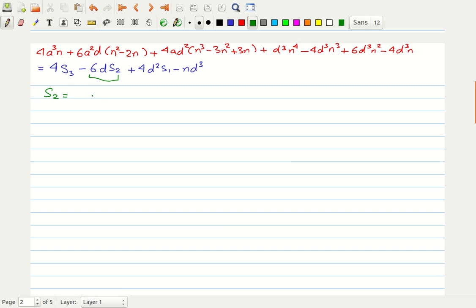S2, the sum of squares of an AP, is equal to n by 6 times 6a square plus 6ad into n minus 1 plus d square into 2n minus 1 times n minus 1.